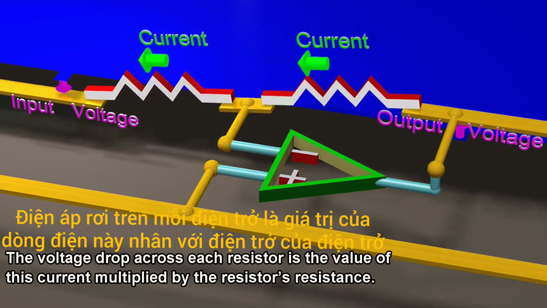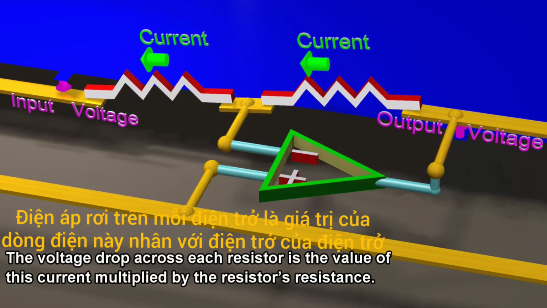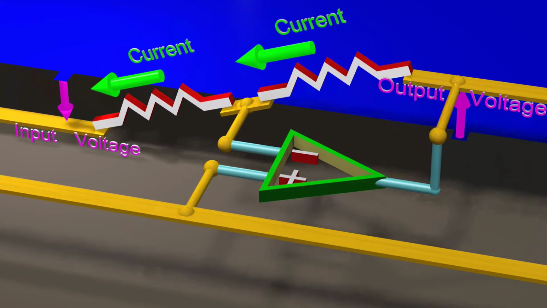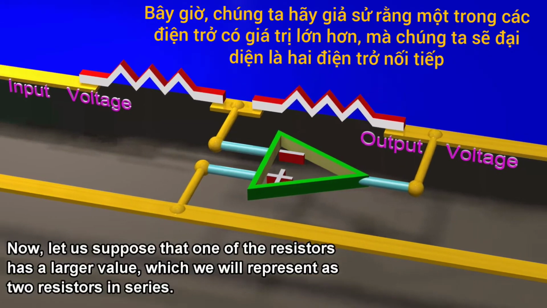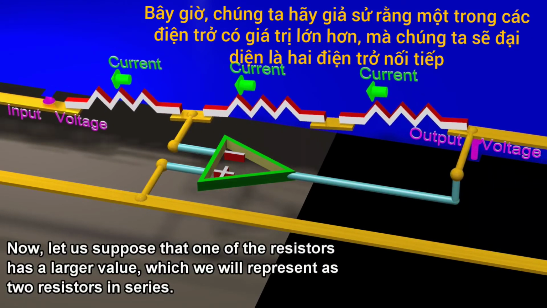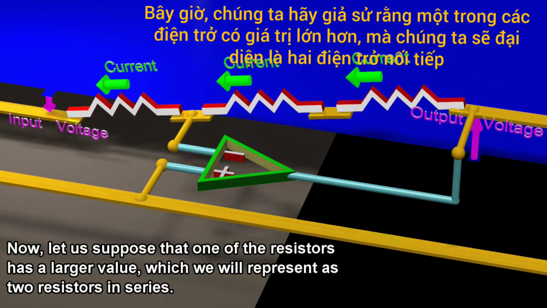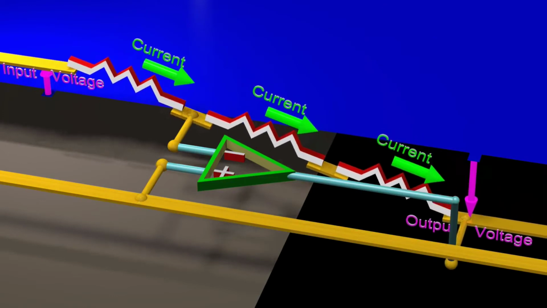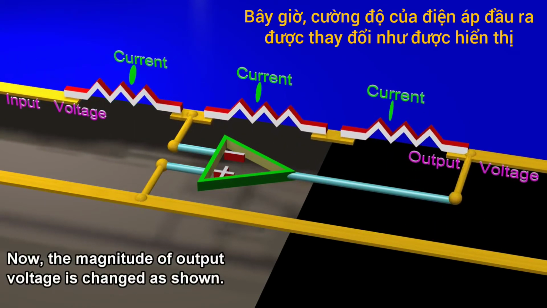The voltage drop across each resistor is the value of this current multiplied by the resistor's resistance. Now, let's suppose that one of the resistors has a larger value, which we'll represent as two resistors in series. Now, the magnitude of output voltage is changed as shown.